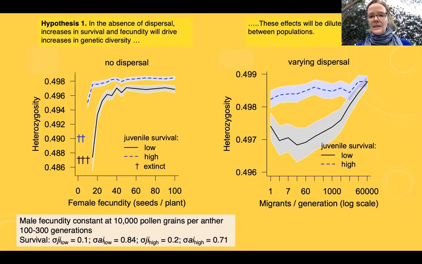And in this instance, migrants per generation was the migrants before recruitment. So it can be quite a large number because not all of those migrants are going to recruit. So that part of the hypothesis was indeed supported based on realistic variation in Plantago lanceolata.